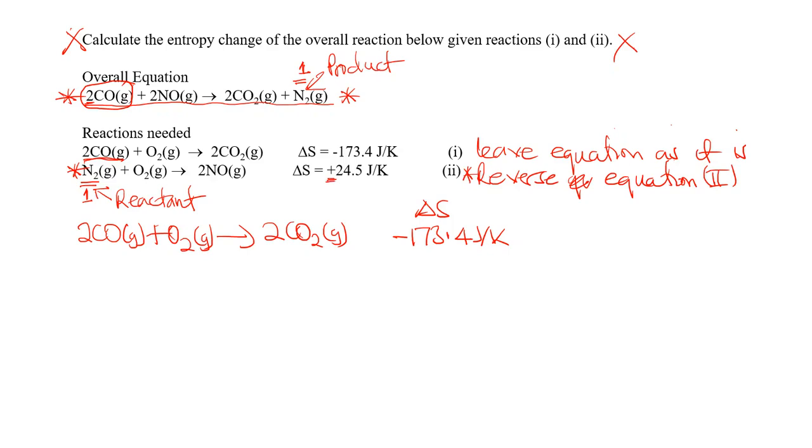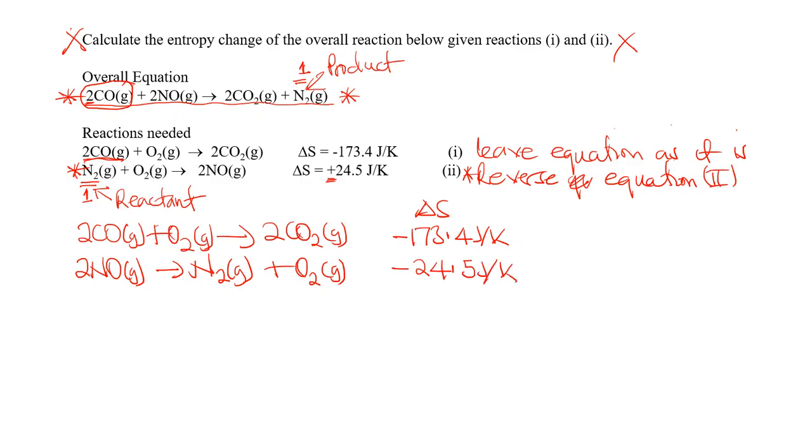So we are going to have 2NO for equation 2, which is a gas, to give us N2, which is a gas, plus O2, which is a gas. And also we reversed this. So the positive will become negative 24.5 joules per Kelvin.